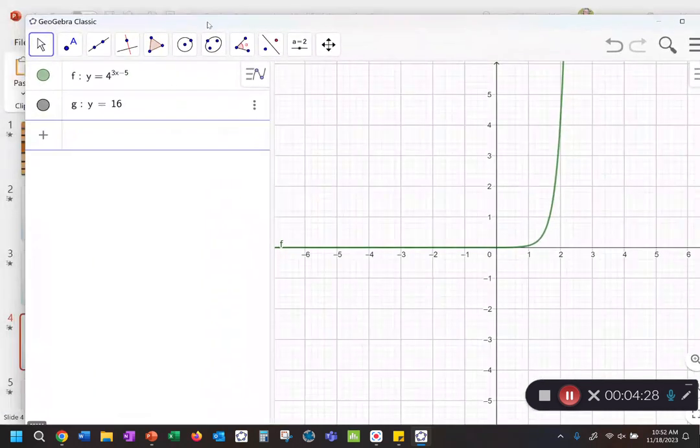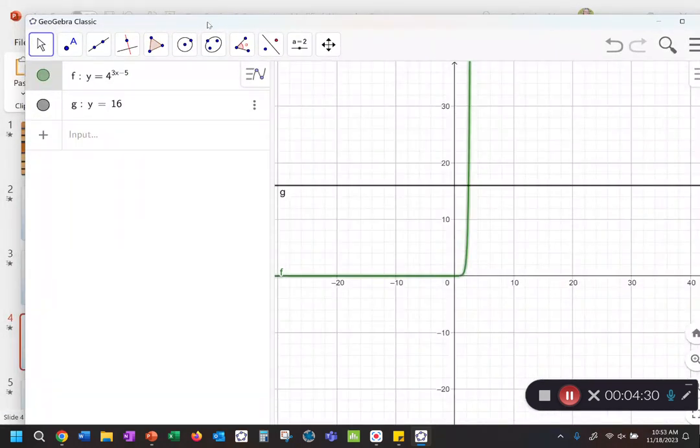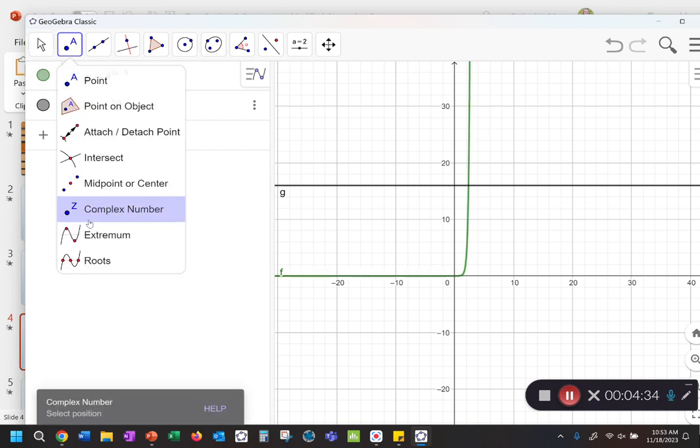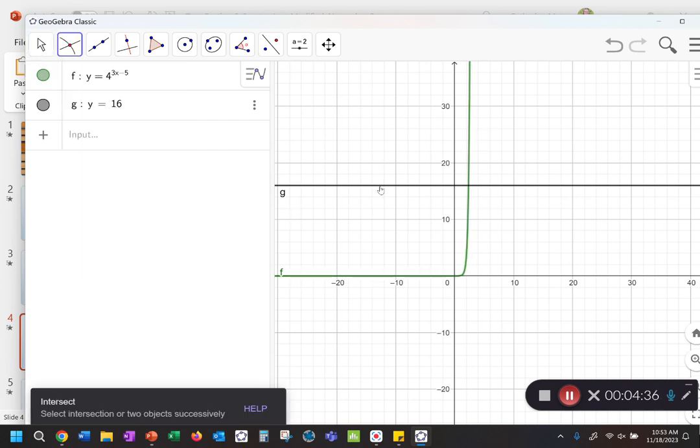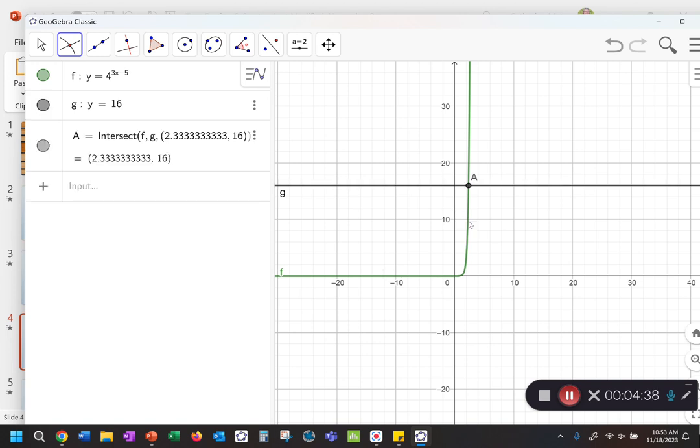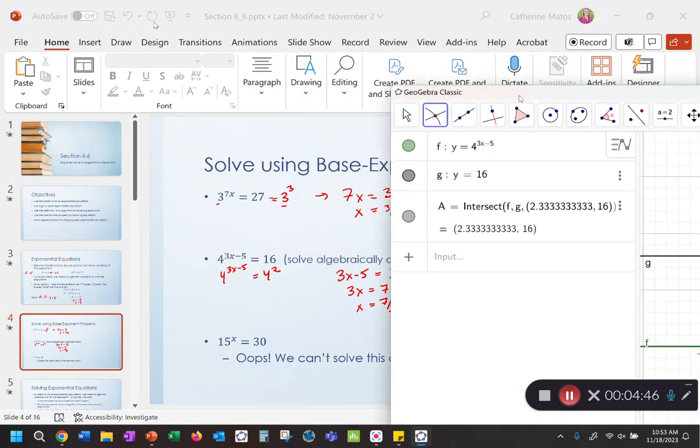We're going to have to zoom out. There we go. So we can see our intersection point here. We can use GeoGebra to find the intersection by clicking on my two graphs. It tells me the intersection point is 2 1/3, otherwise known as 7/3, which is what we had gotten.